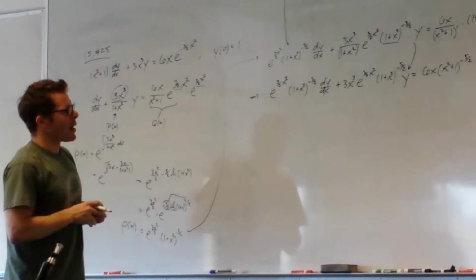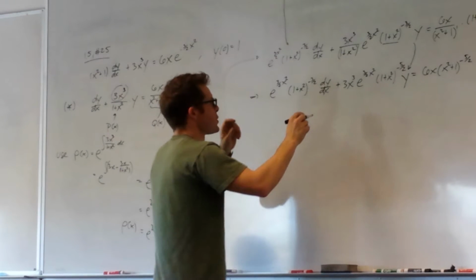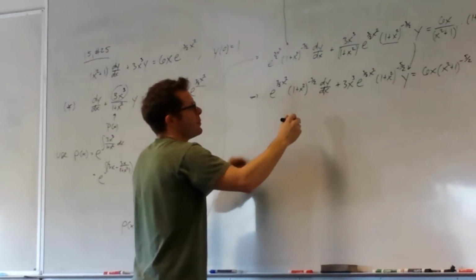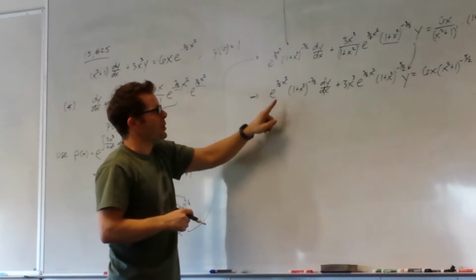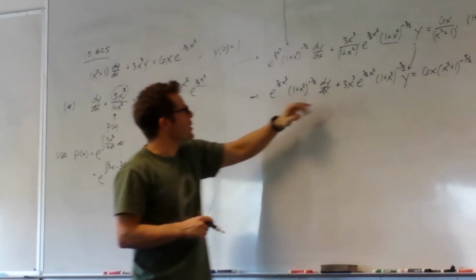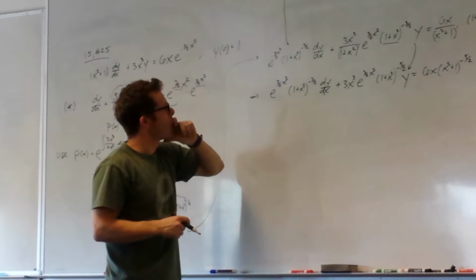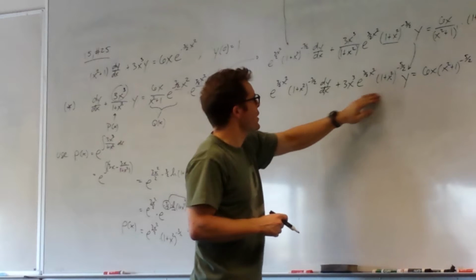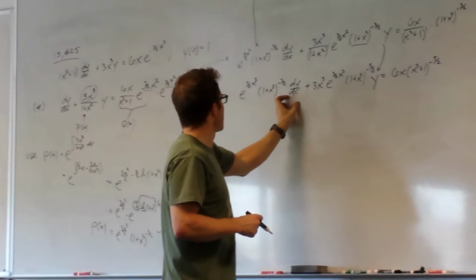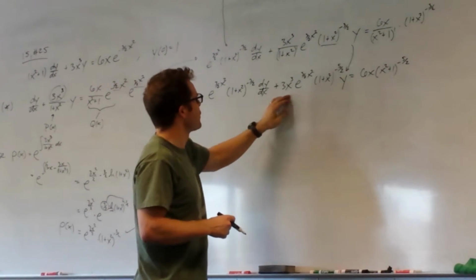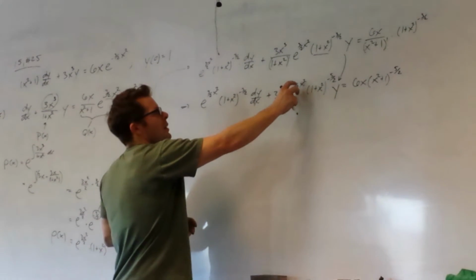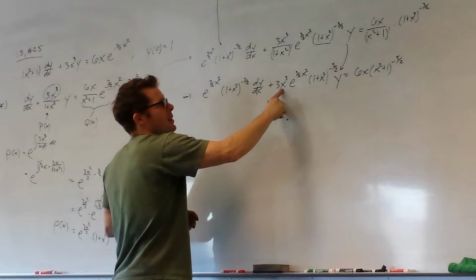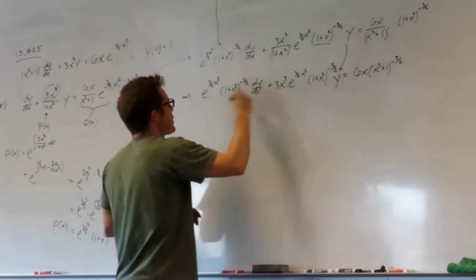Now clearly, this is the derivative of e to the 3 halves x squared, 1 plus x squared to the negative 3 halves, that's the dy dx. You get the 3x, and the derivative of this, 2x. This is the form.